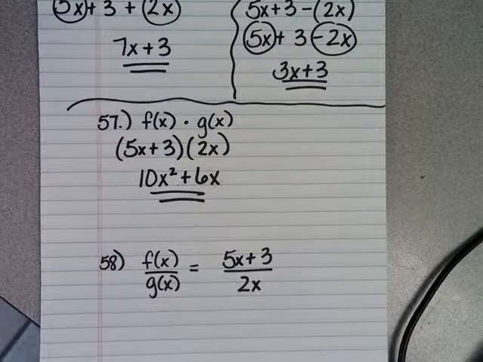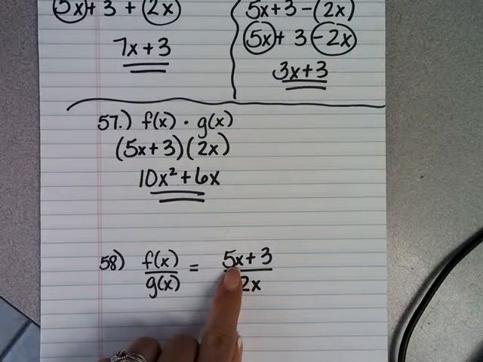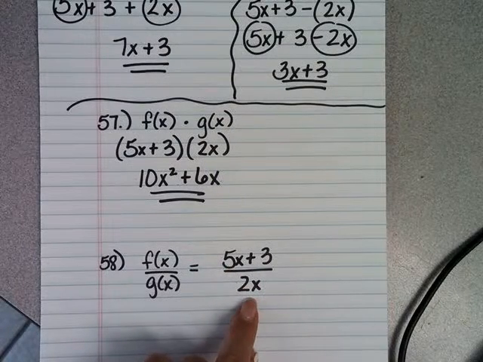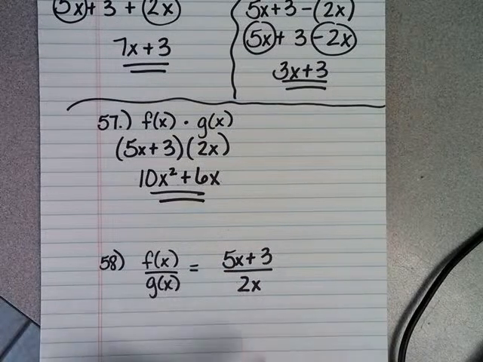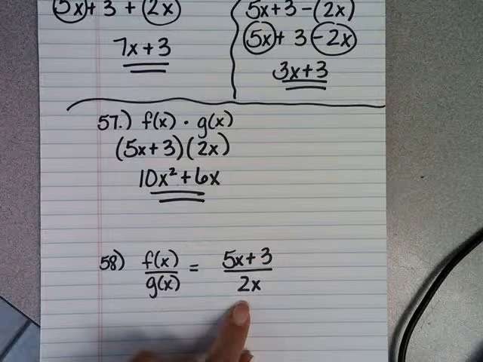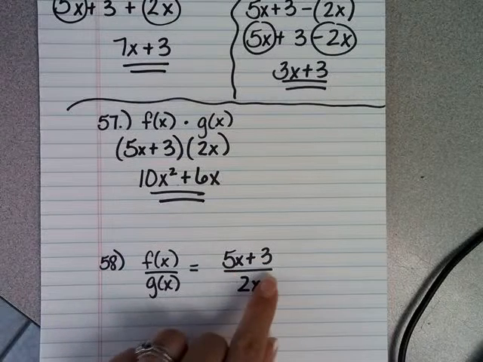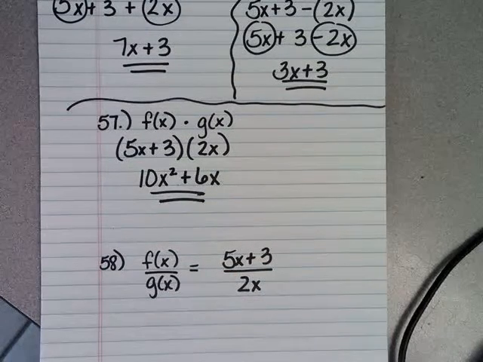So when you reduce, which means simplify, if you want to divide everybody by something, you have to be able to do it to the 5x, the 3, and the 2x. So let's look at those terms. Is there any number that can divide into 5 and 3 and 2 evenly?